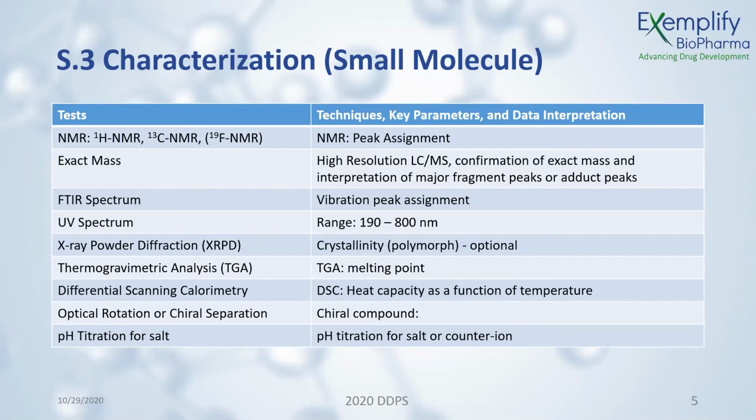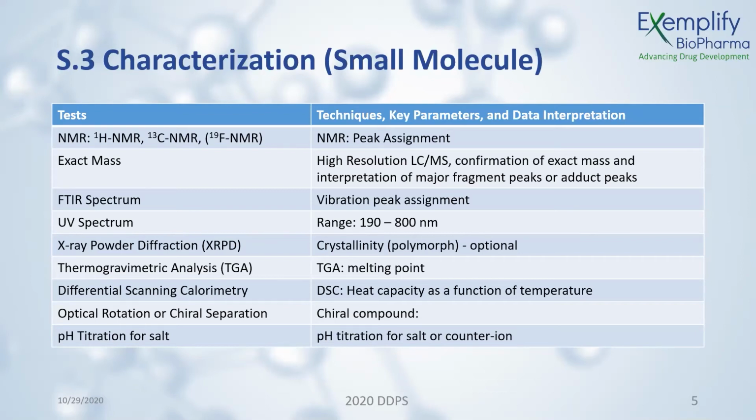If you have a salt, chloride salt, sodium salt, you may include a pH titration for the compound or for your compound ion. So again, this structure elucidation is non-binding. You only need to do it once.